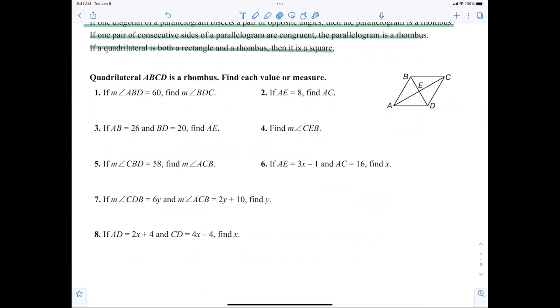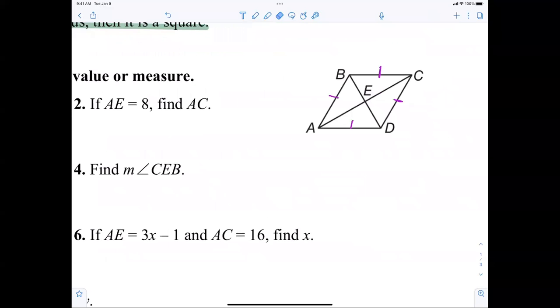Here's my quadrilateral, and they're saying it is a rhombus. So if it is a rhombus, then we can mark this. And what's true about the diagonals? They are what in relationship to each other?